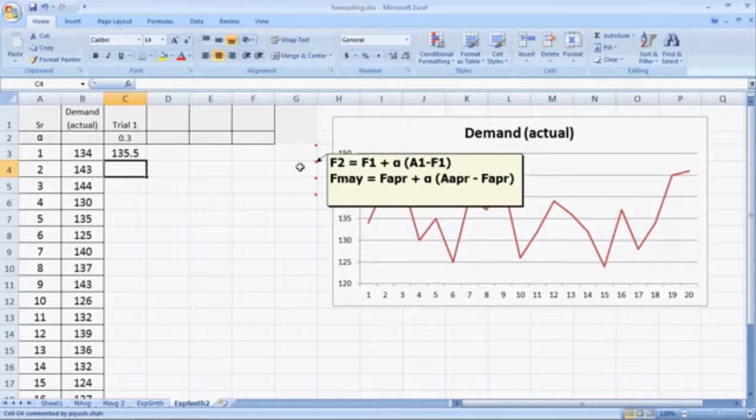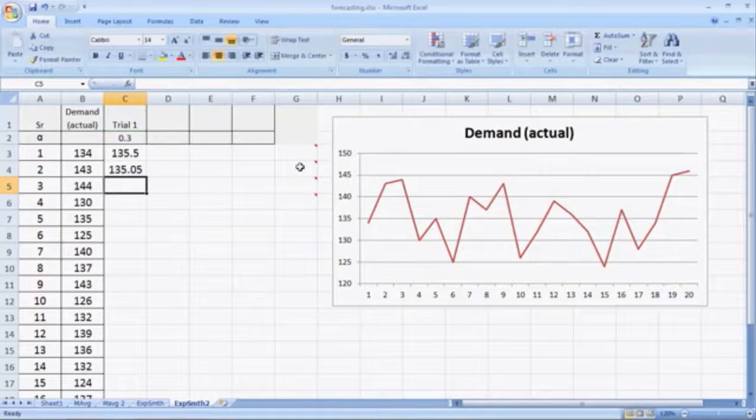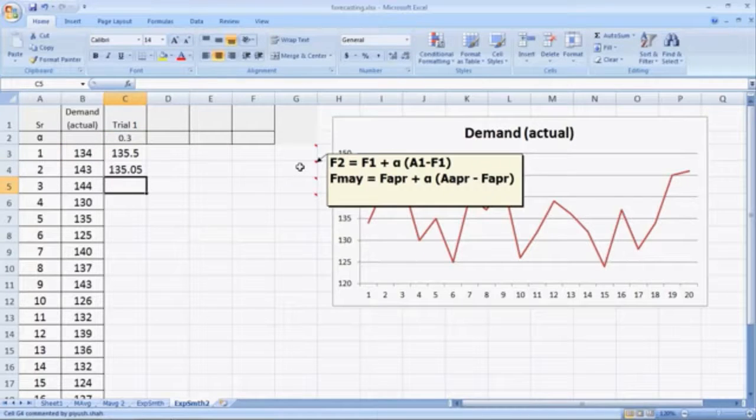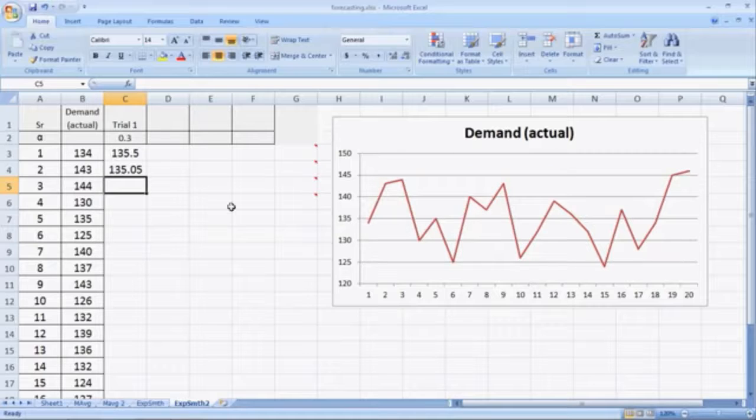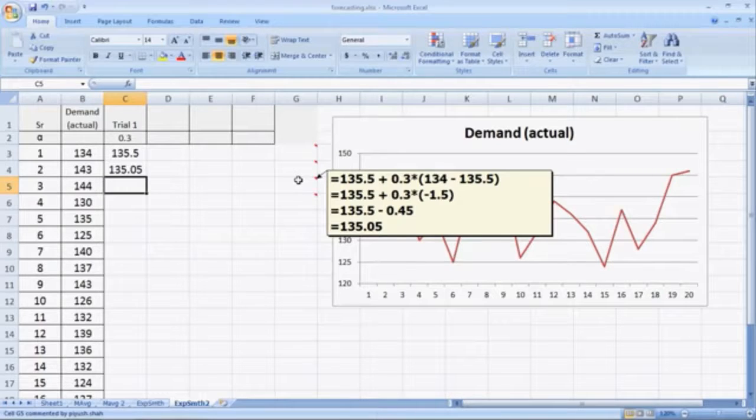So let's look at the formula here. Forecast of the second period is equal to the forecast of the first period plus alpha multiplied by bracket open actual minus forecast, bracket closed, enter. We get 135.05. Let's understand this first calculation. The actual is 134 and the forecast is 135.5. So the forecast of the second period is equal to the forecast of the first period, which is 135.5, plus alpha, which is 0.3, multiplied by the error, which comes out to be negative 1.5.